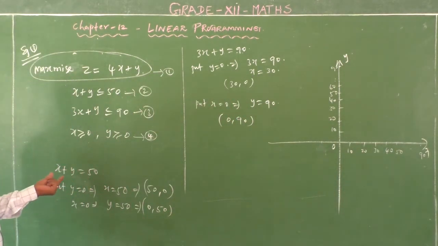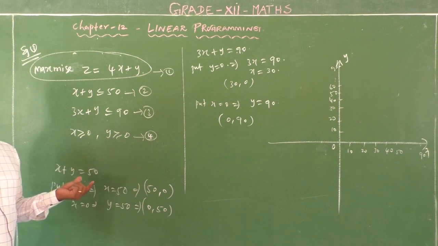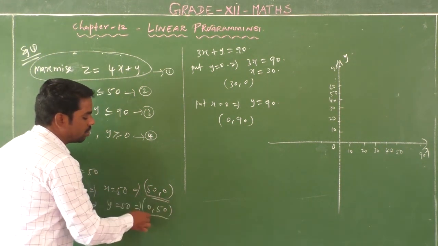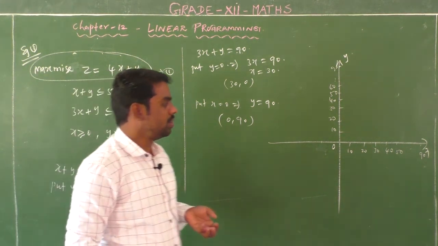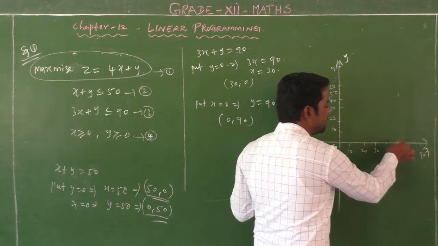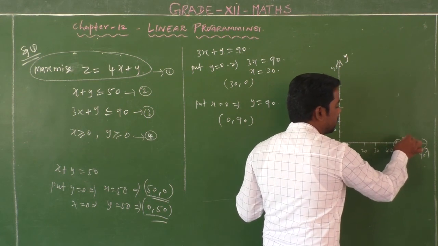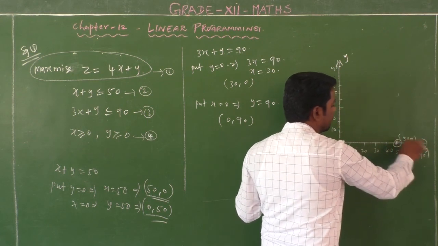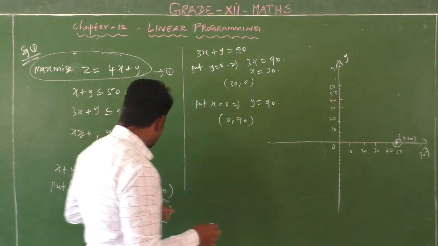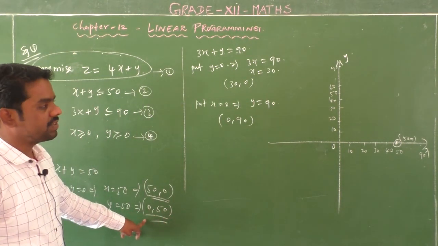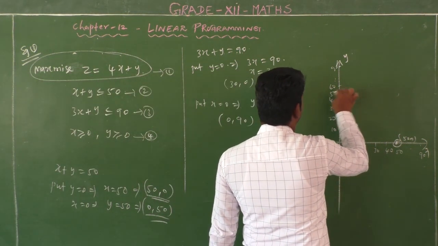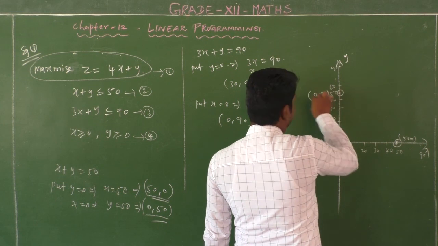Listen. First draw the line x plus y equal to 50. The required points are 50, 0 and 0, 50. Here, this point is 50, 0. And the second point is 0, 50.